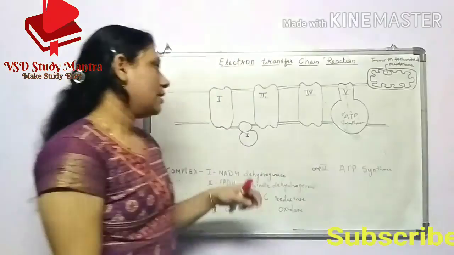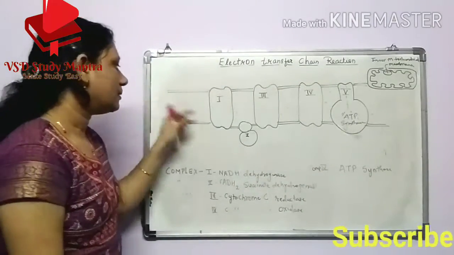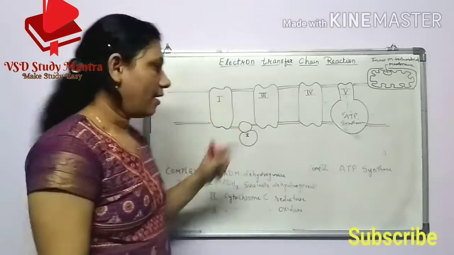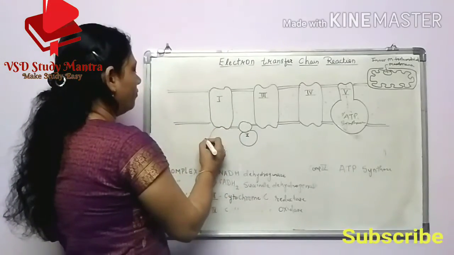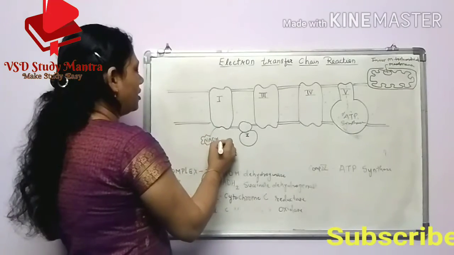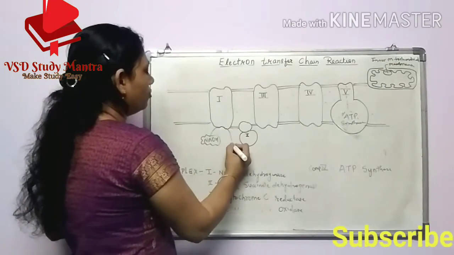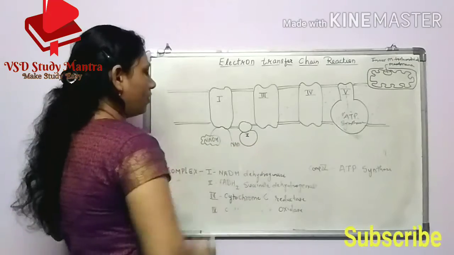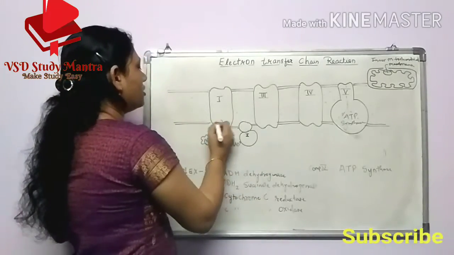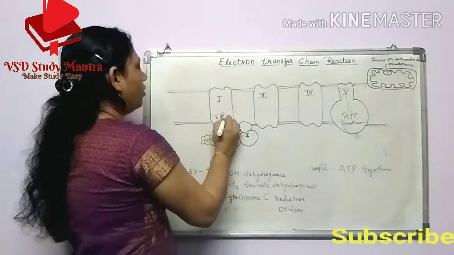So here students, in the first complex, this NADH is oxidized to NAD, and 2 electrons are donated.